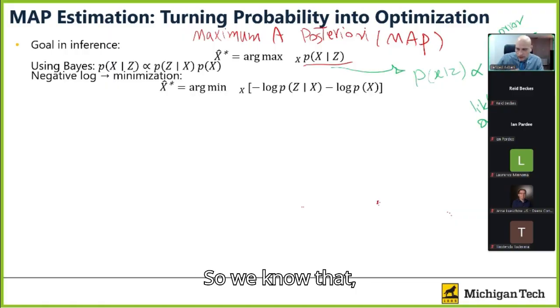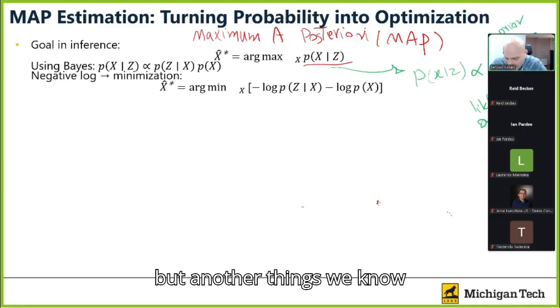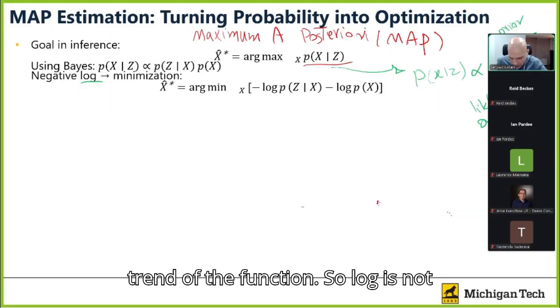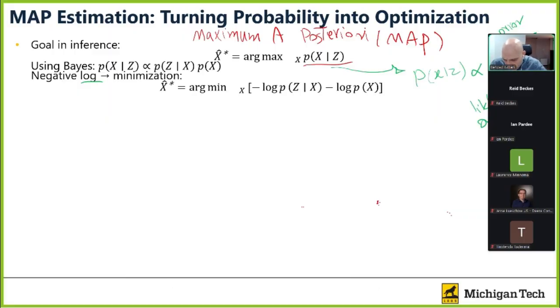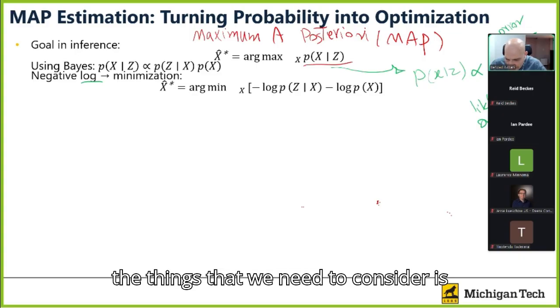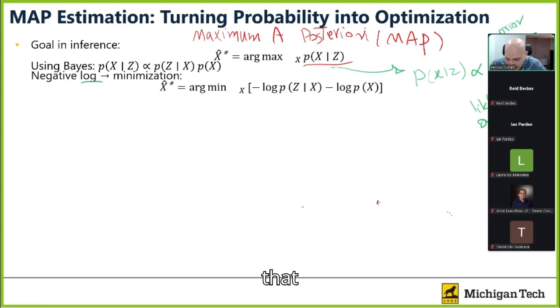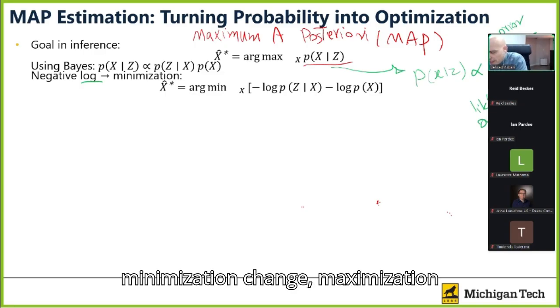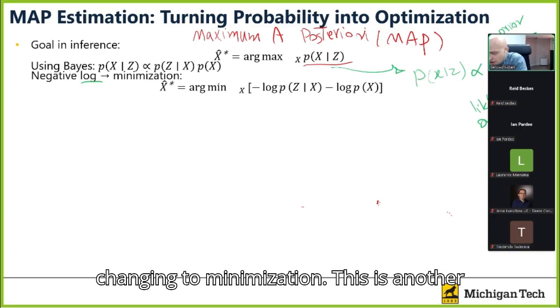We also know that log does not change the trend of the function. But the thing we need to consider is that when we take the negative log, maximization changes to minimization.